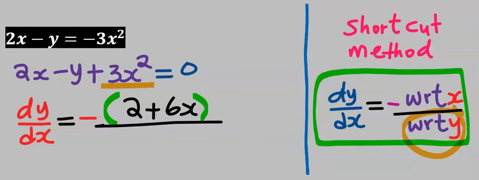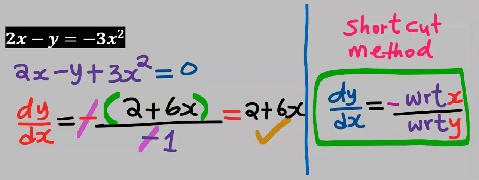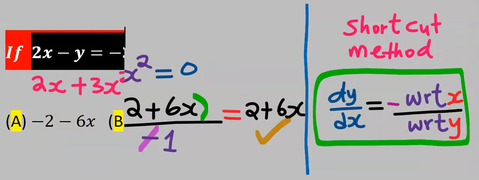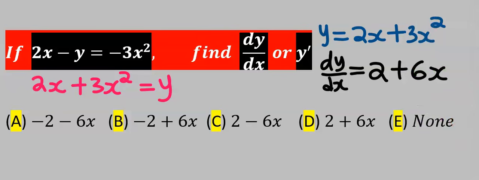That is, we're going to ignore 2x this time around and differentiate minus y, and our answer is minus 1. Likewise, 3x squared got no y, hence I'm going to ignore it. Next, this minus will take away this minus, and here we got back our dy dx. You can see the 3 methods gave us D.